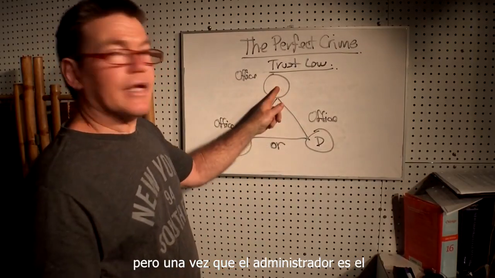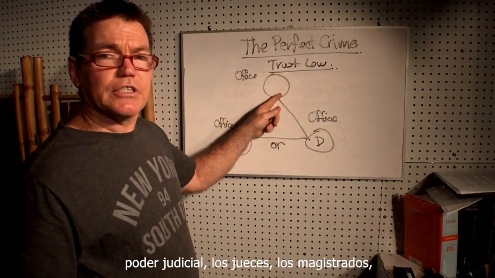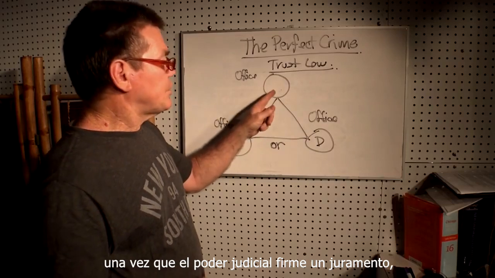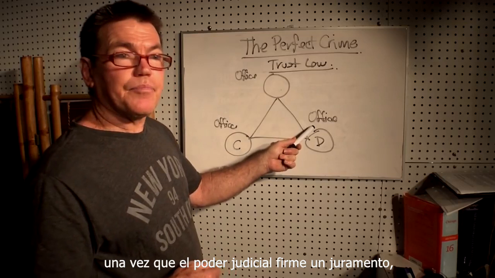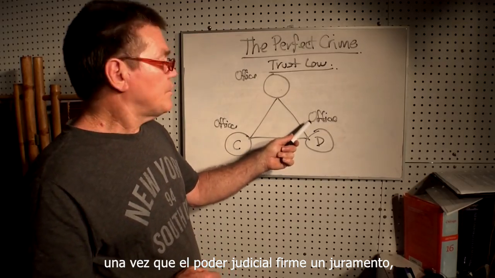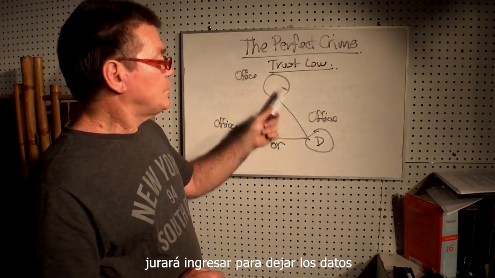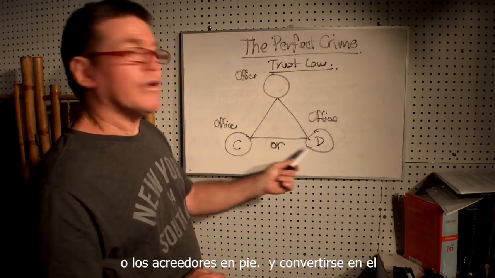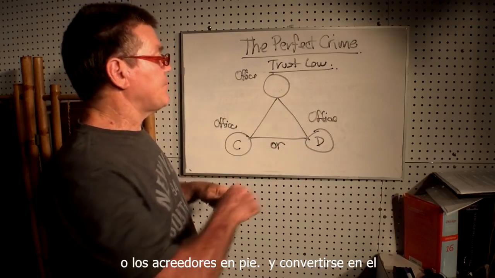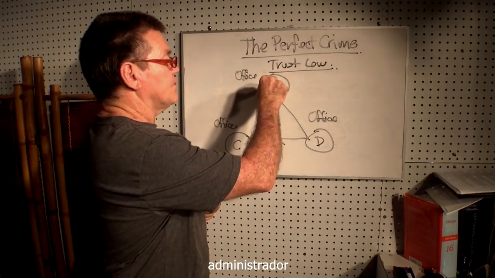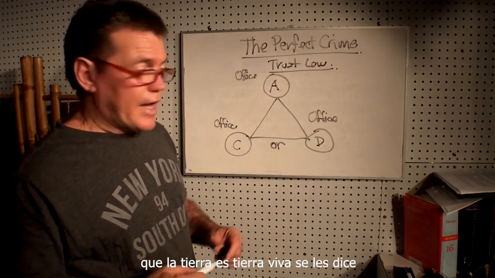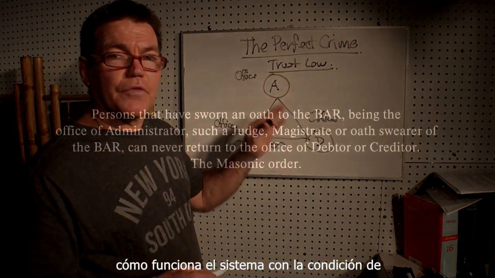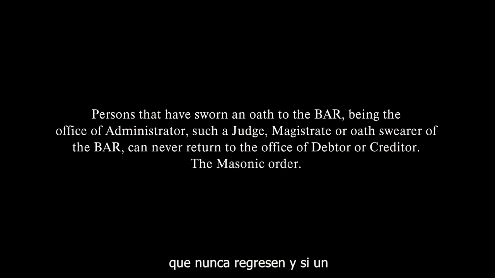But once the administrator, that's the judiciary, the judges, the magistrates, once the judiciary sign an oath or swear an oath to leave the debtor or creditor standing and become the administrator, that oath is a life oath. They are told how the system works on the condition that they never return back.